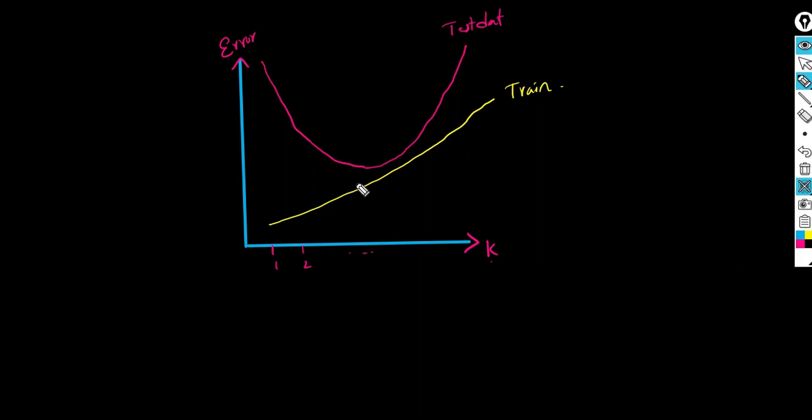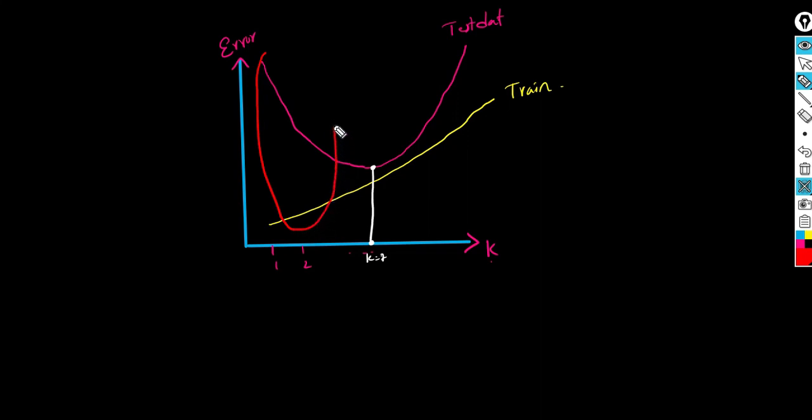The best k value is this point. This is the best k value. Let's consider k equal to 7 is the best k value here. And one more thing: when we consider a lower value of k, we get the overfit problem. This is the overfit area.